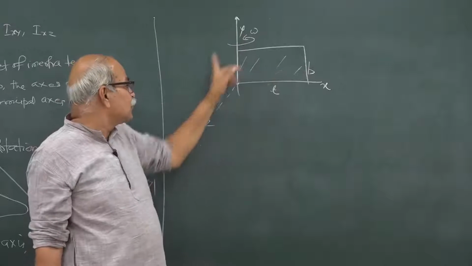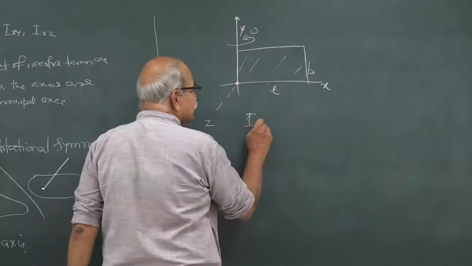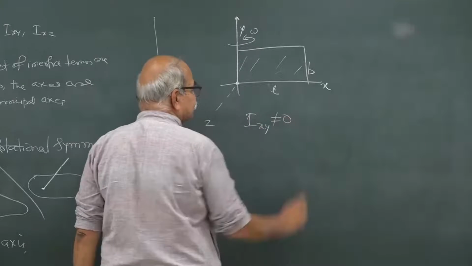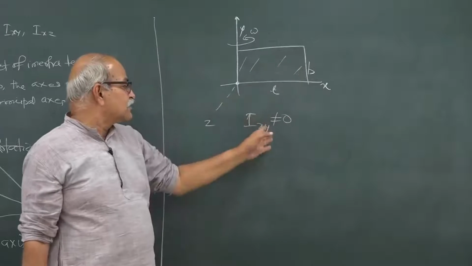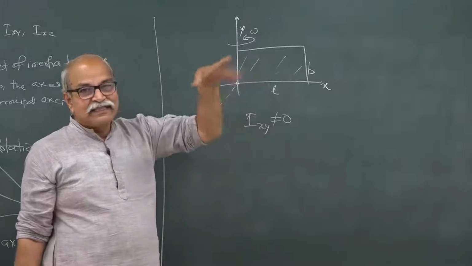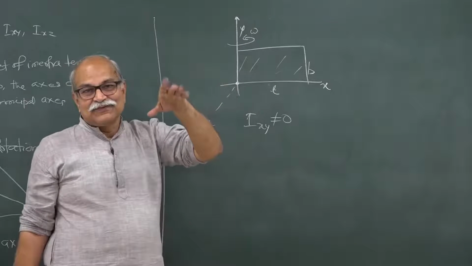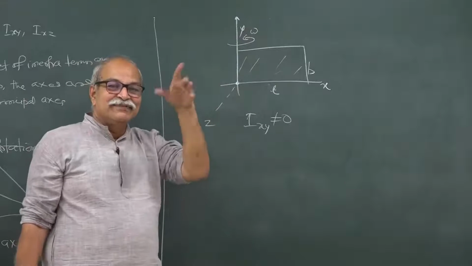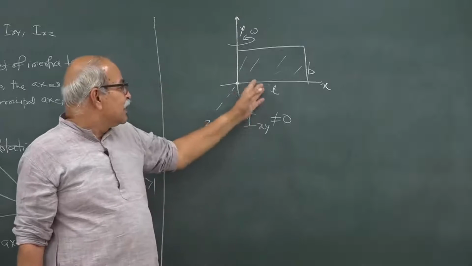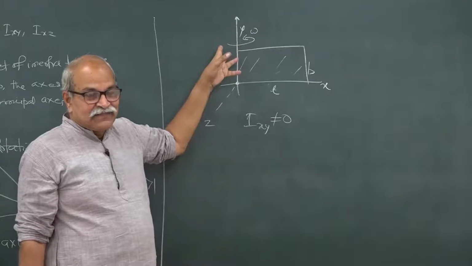These 3 axes are not a principal axis system, and you can see that I_xy is not 0. x and y are always positive, and therefore, that minus integration dm x y will not be 0, and therefore, all those things happen.